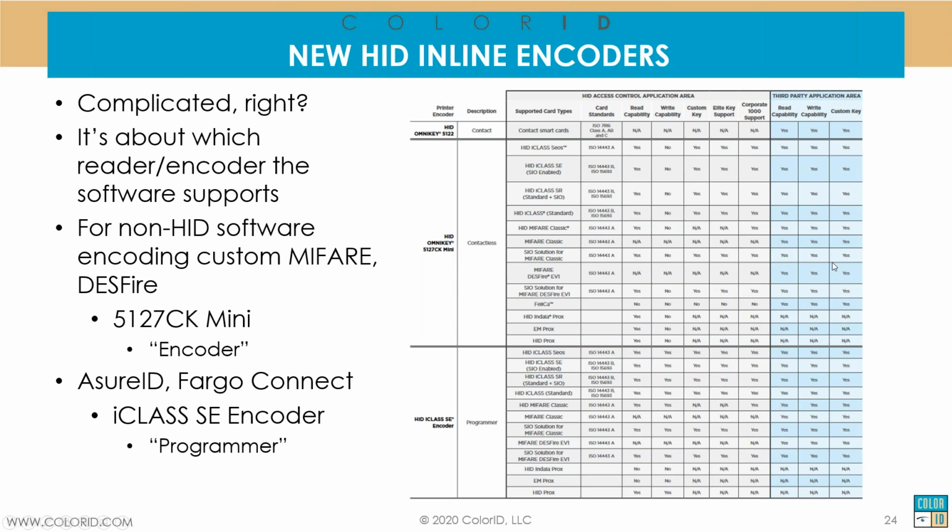If you need to write to MyFair or DesFire, then you will need the iClass SE encoder if they're HID credentials, but if they're not HID credentials, then you need this Mini with support in the software. So it gets pretty complicated. You can look at this chart and think you understand it.